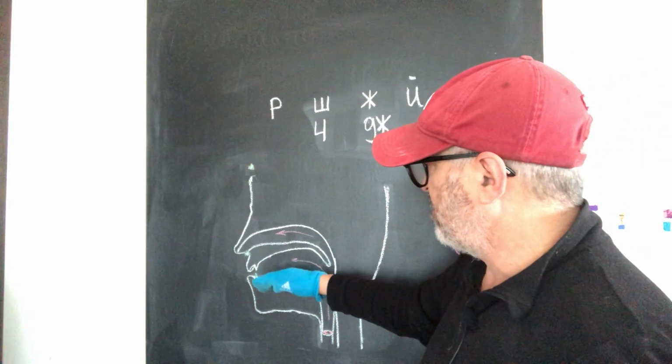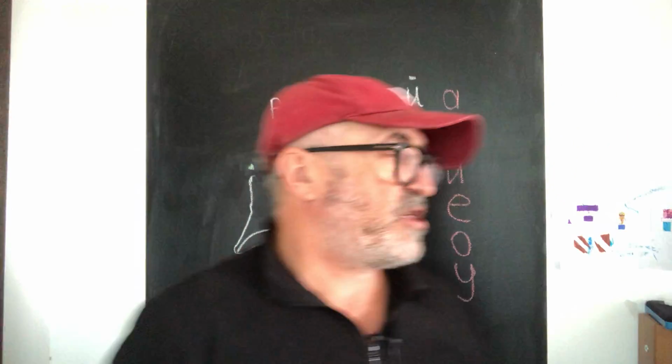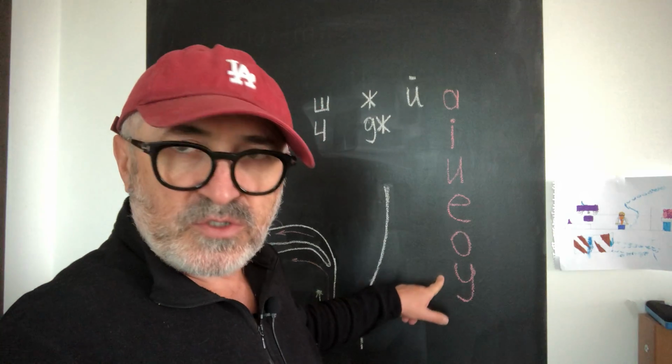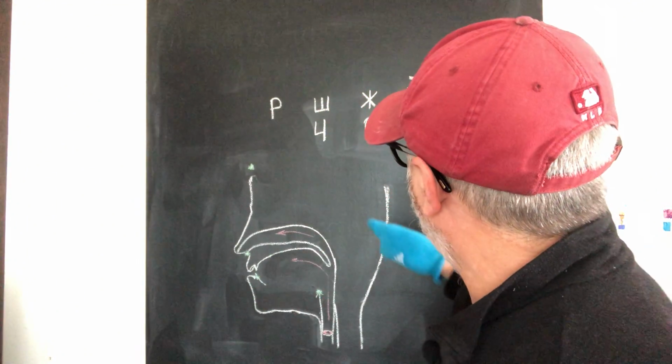Now with ch: cha, chi, che, cho, chu. Very simple sounds, very beautiful sounds, by the way.